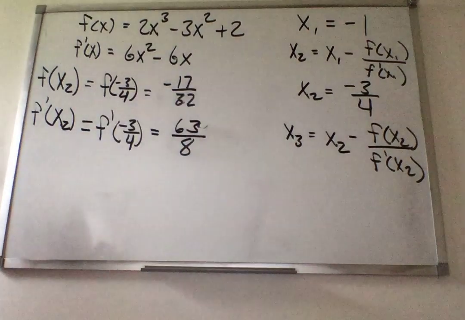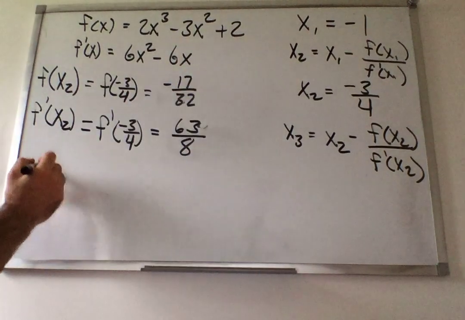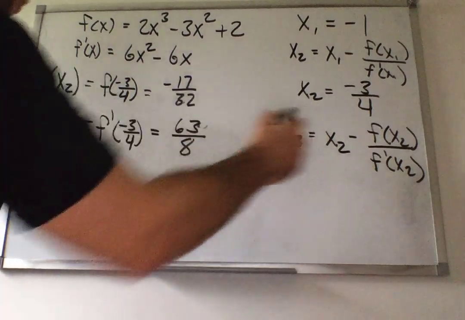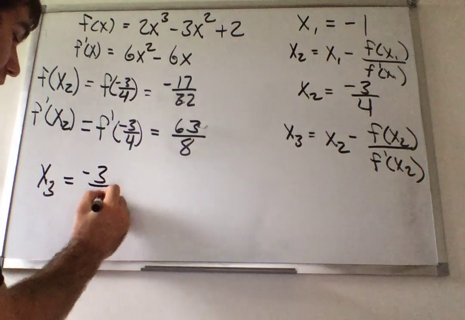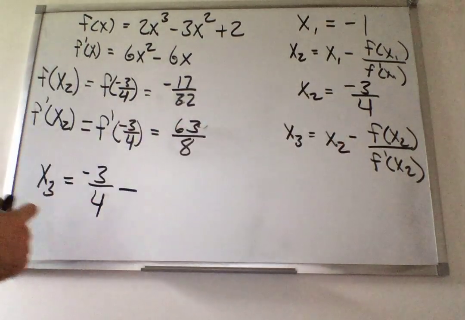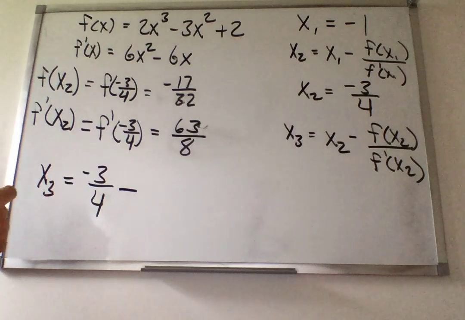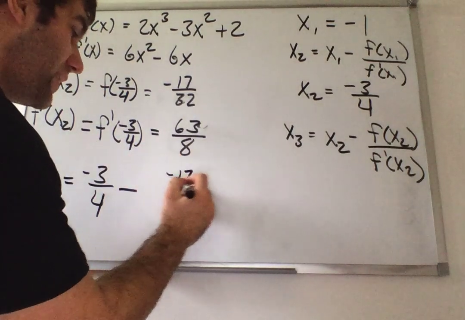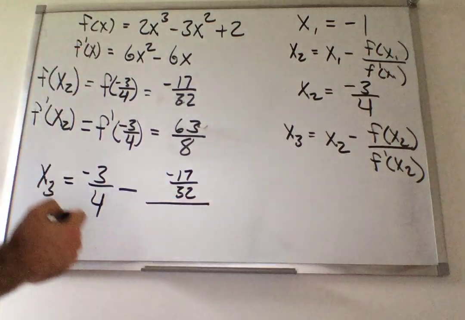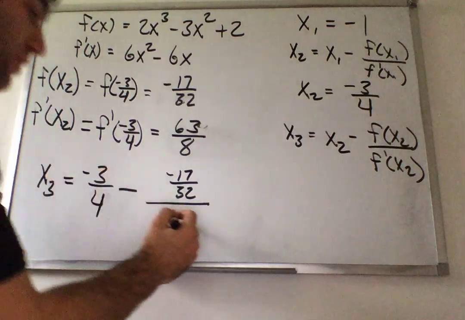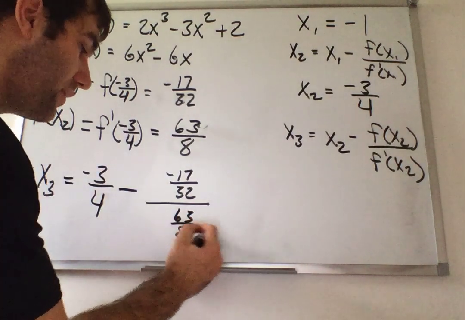So now we can calculate x3. x3 is equal to x2, which is negative 3/4, minus, because that's just how Newton's method works, f of x2, which is negative 17 over 32, divided by f prime of x2, which is 63 over 8.